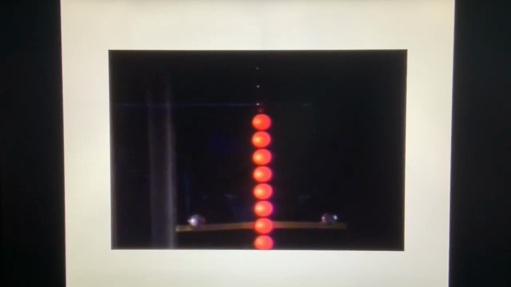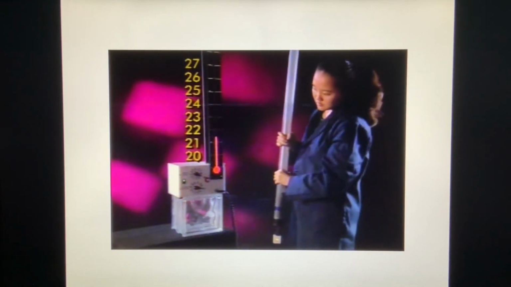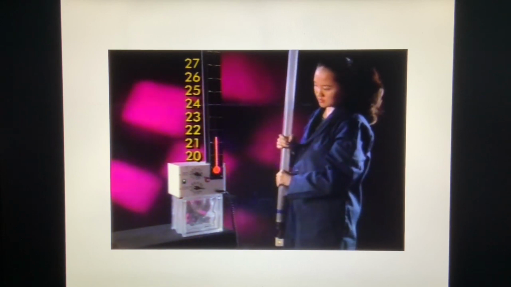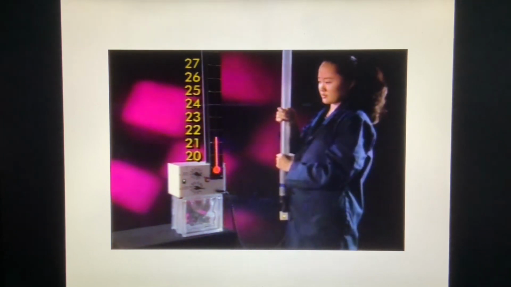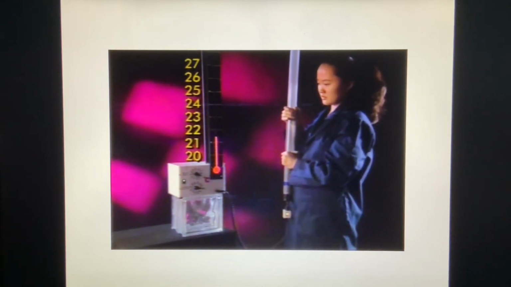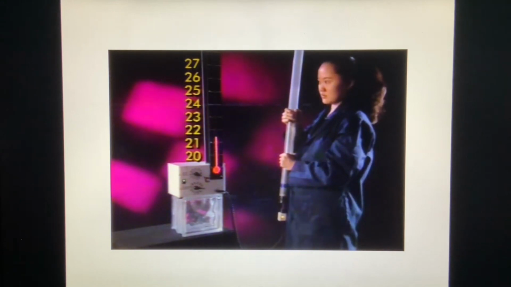We will flip the tube 10 times for a total lift and fall distance of 10 meters. The lead shot is now at 21.5 degrees Celsius. The mechanical energy of lifting the shot has been transformed into thermal energy, raising the temperature of the lead shot.